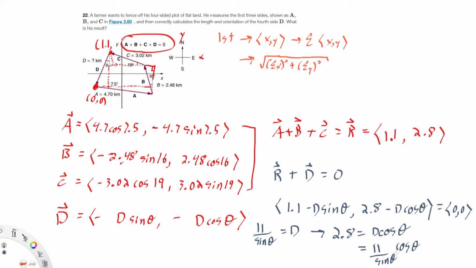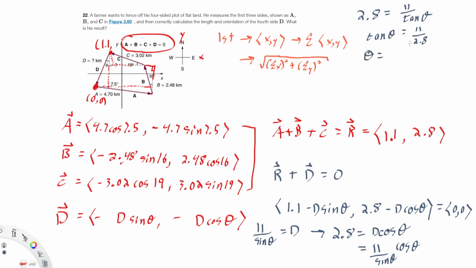Right, so cosine over sine is cotangent. Or another way of saying this is this right-hand side of the equation is actually 1.1 over tangent. So 2.8 equals 1.1 over tan theta. So tan theta is equal to 1.1 over 2.8.